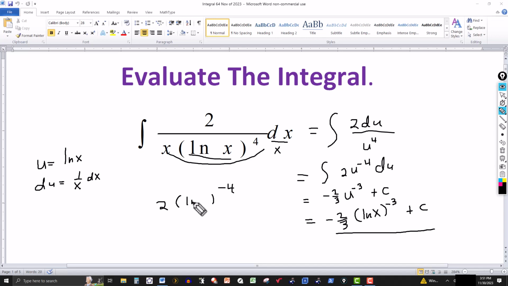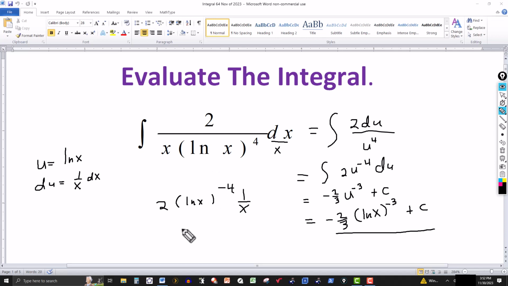ln of x here. And then using the chain rule, I take the derivative of the ln of x, that's 1 over x. And you should be able to see that that's the same thing as the integrand. We have the 2 and the 2 there. ln of x to the negative 4, if I take it to the denominator, it changes the sign.